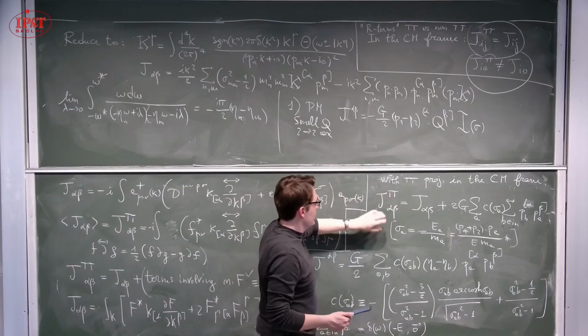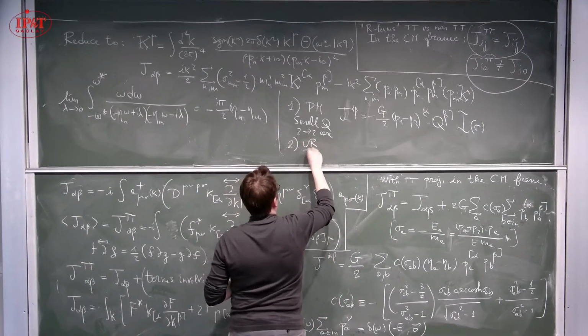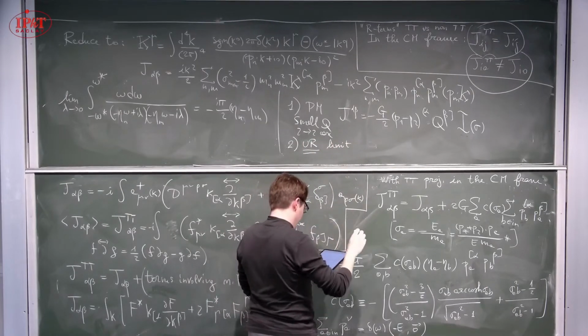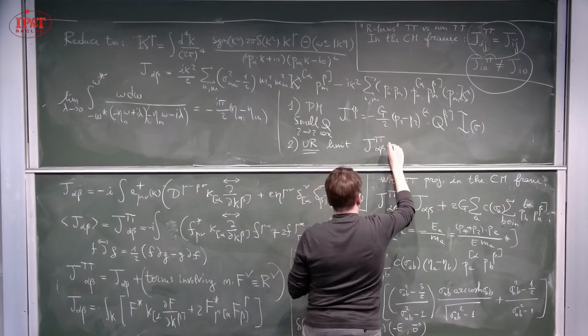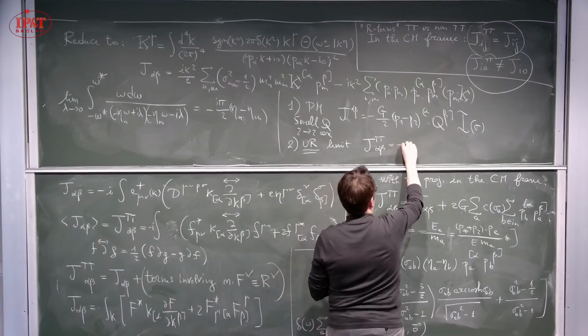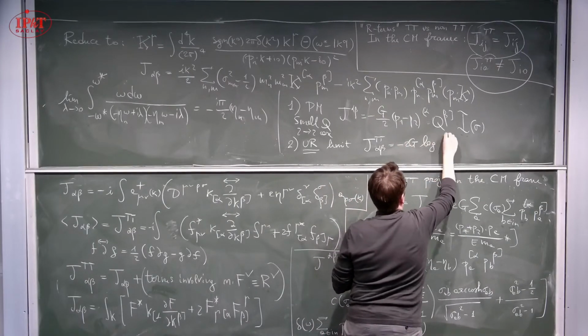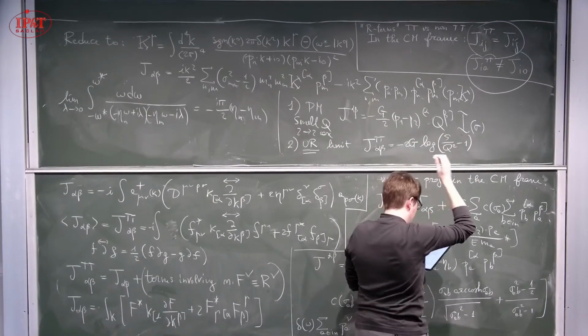A nice feature that it has is that it has a nice high energy limit. So in the UR limit, you get this simple expression, JTT alpha beta, similar to the one that we had for the spectrum. It's just the log of S divided by Q squared minus 1, P1 minus P2.